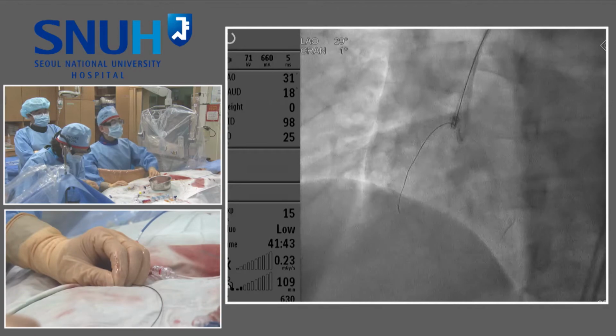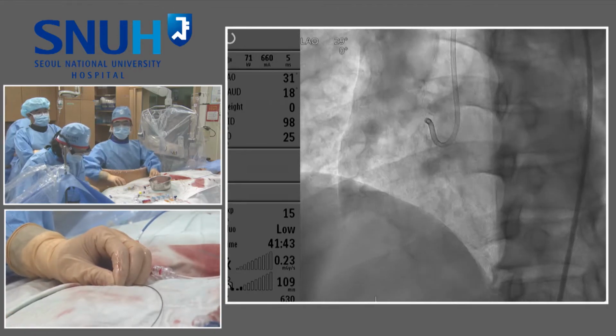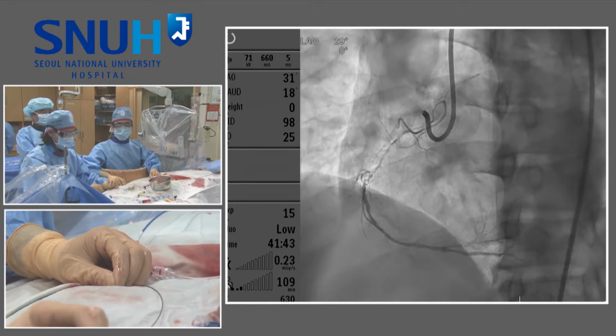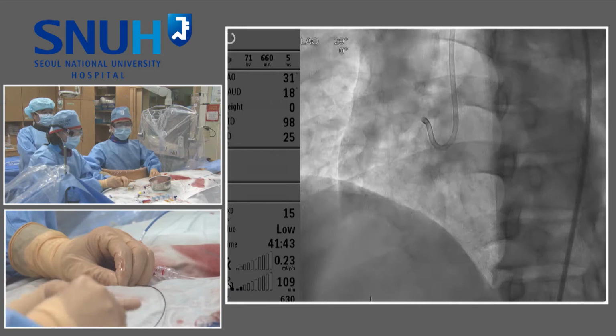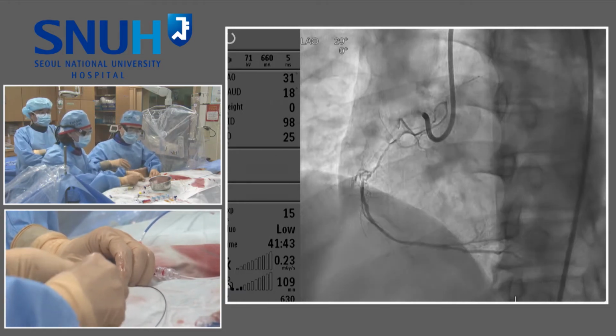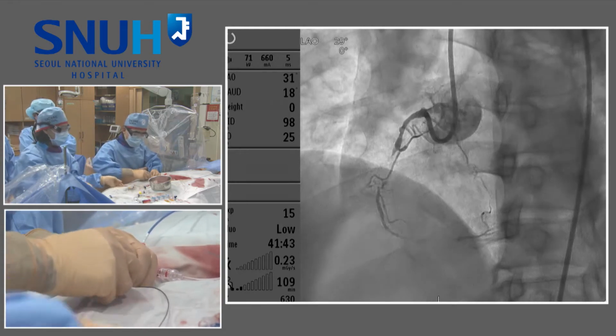Maybe change, because it takes time to solve. Okay. Just insert the backup using an extension catheter. We have to save the balloon, so balloon anchoring is actually impossible in Korea.